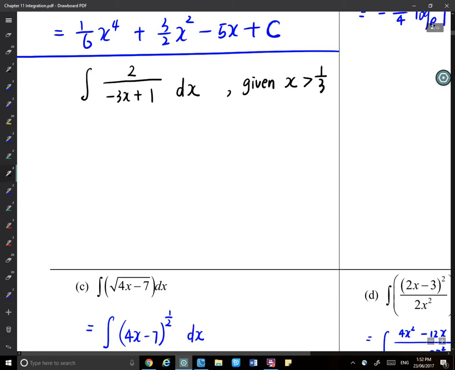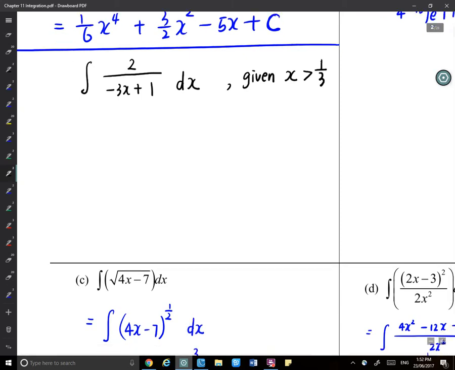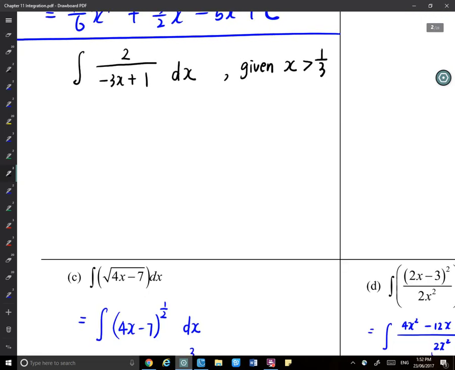Okay, so that's what I'll give to you. So, what will this antiderivative be? What's the integral for that?